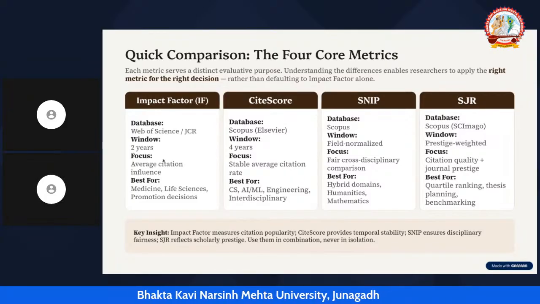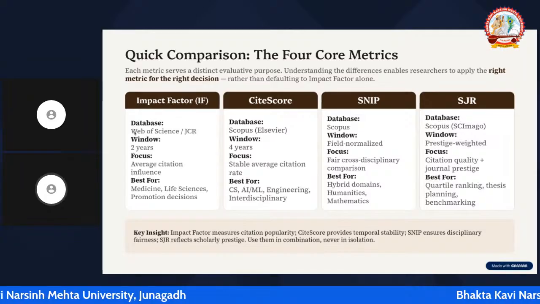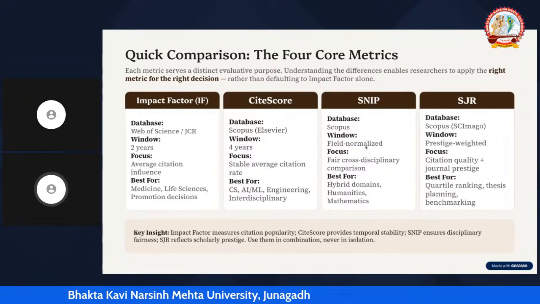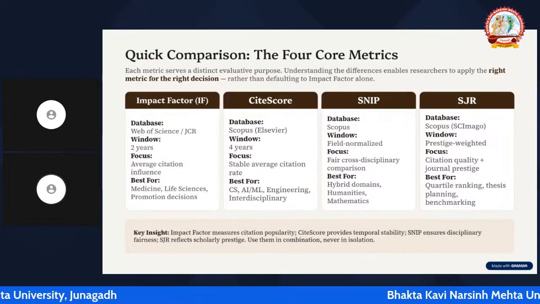Regarding databases, impact factor uses Web of Science or JCR. CiteScore uses Scopus, SNIP again Scopus, SJR Scopus with SCImago. So this is a very rough but precise comparative study.